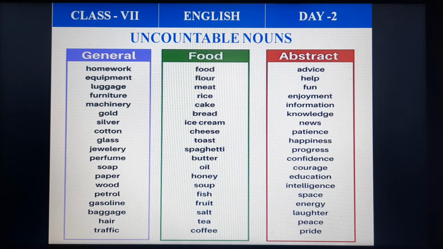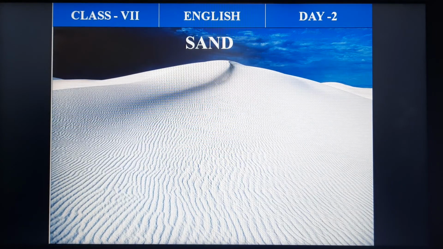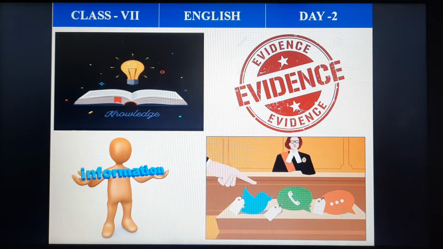Now some nouns are too numerous, like sand, you can't really count them at all. They are too much to count. So this sand is an uncountable noun, and some nouns like knowledge, evidence, information, and information technology, all these things you can't count.